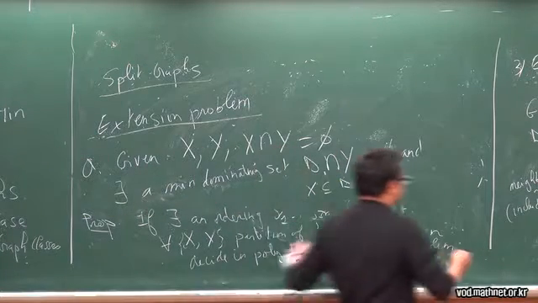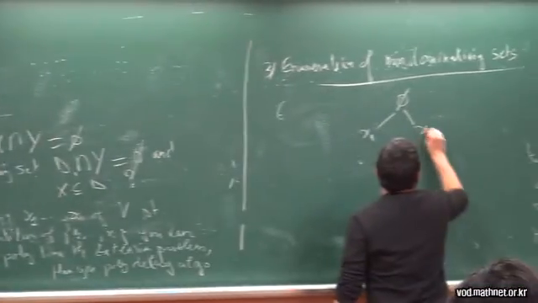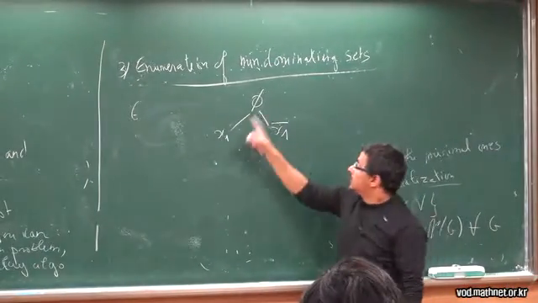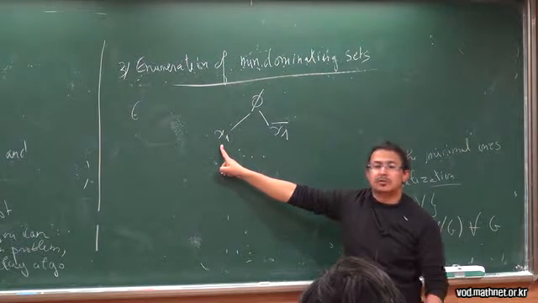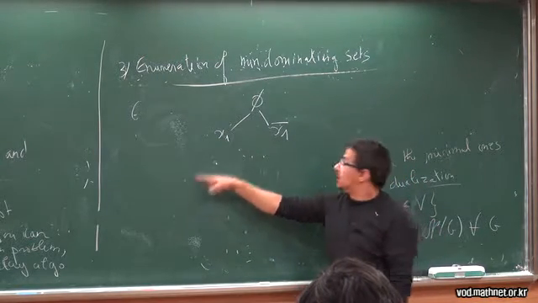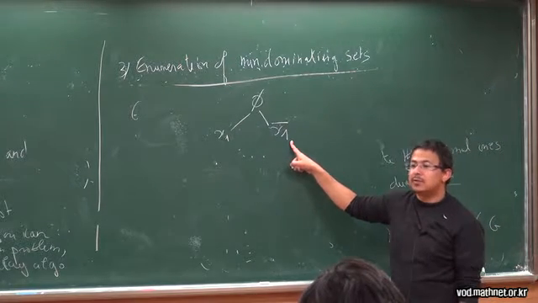Why? You start from the empty set and you ask: is there a minimal dominating set containing x1? Yes or no? If yes, you continue. Is there a minimal dominating set not containing x1?